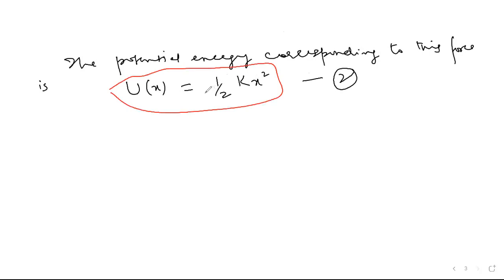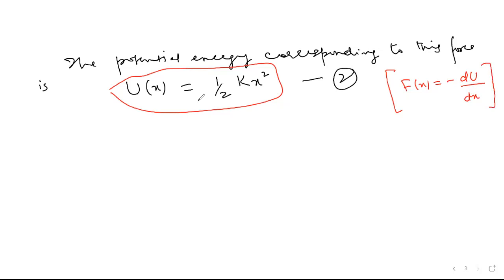You know the force and potential energy are related by this equation. F of x is the negative of the derivative of potential energy with position x.